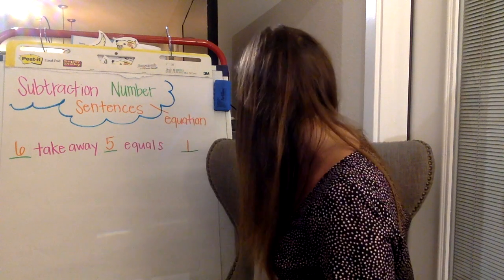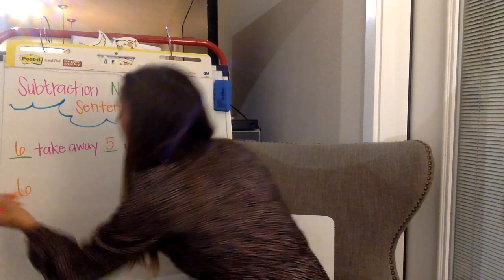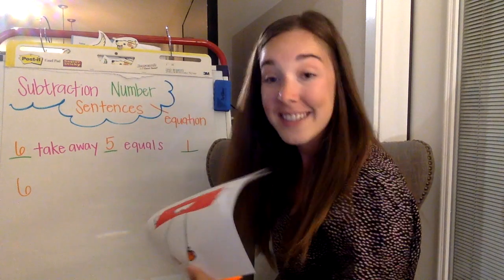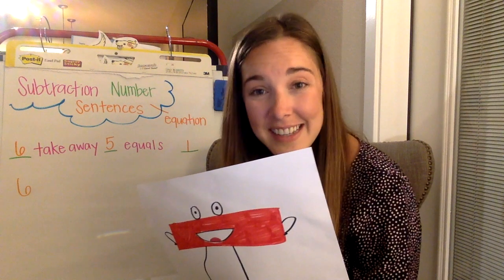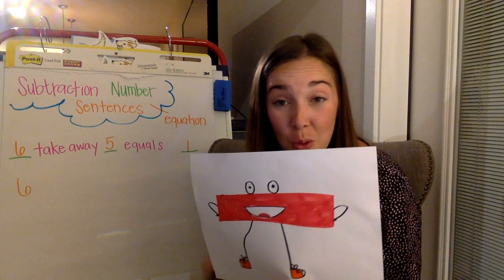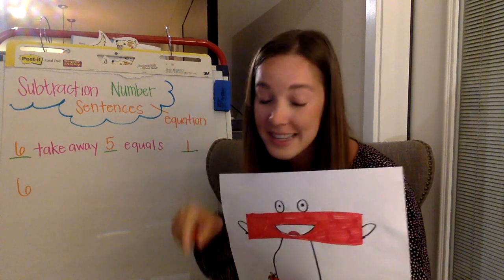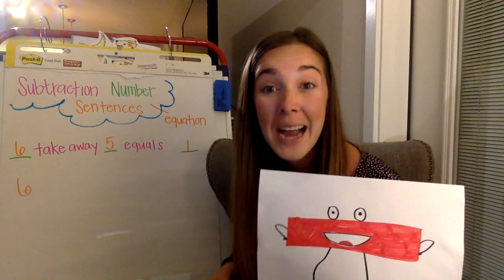Linus is telling me to go ahead and write the number 6 again down here. But just like Linus's name sounds, he's telling me that instead of saying the word take away, there's a new word in town to say. It's not the word Linus, but it is the word minus.